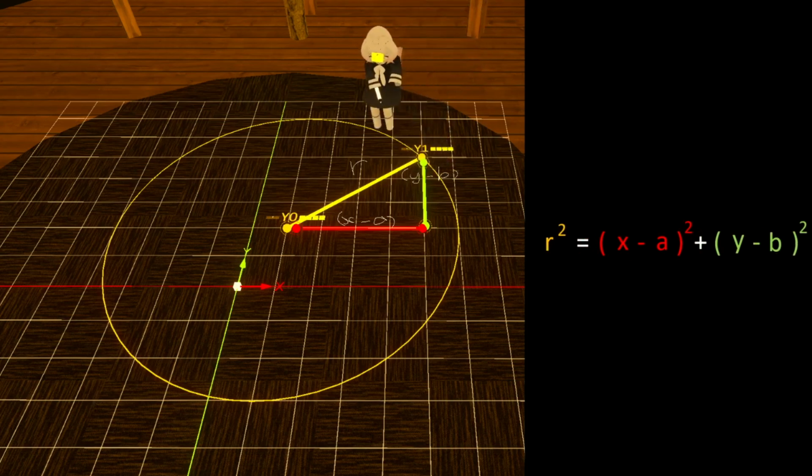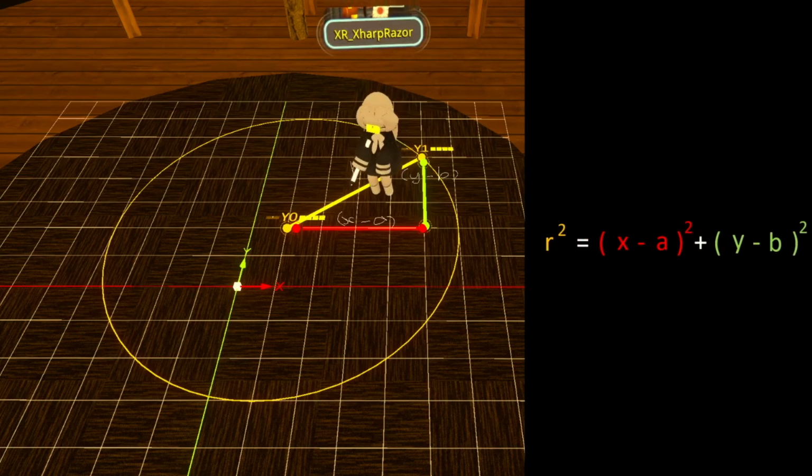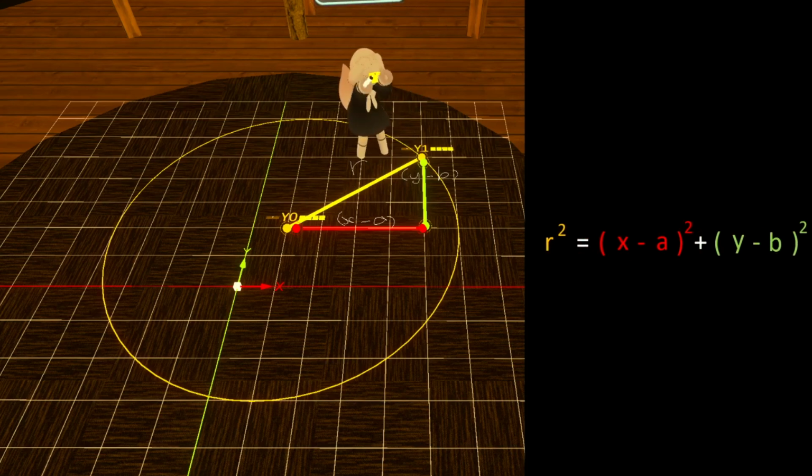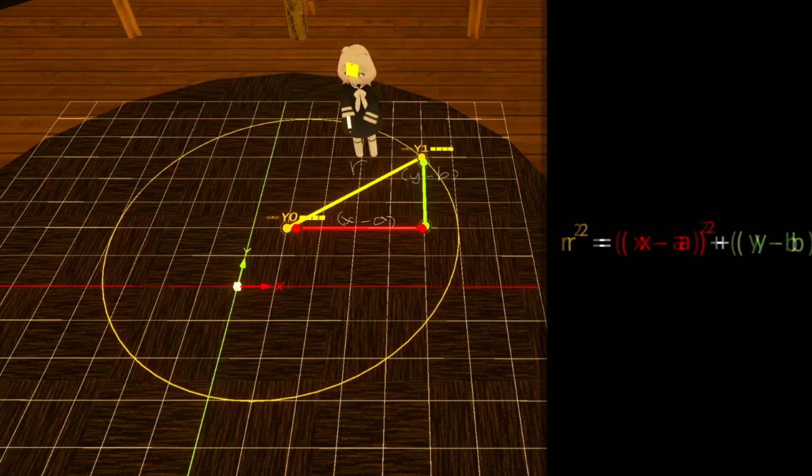So this thing squared plus that thing squared is this thing squared. As long as the point fulfills being this right triangle, it's on the circle, and therefore you can describe the circle by using the Pythagoras theorem.